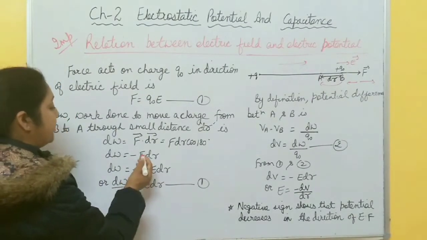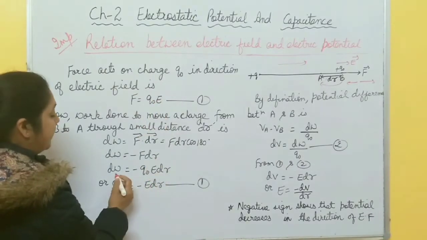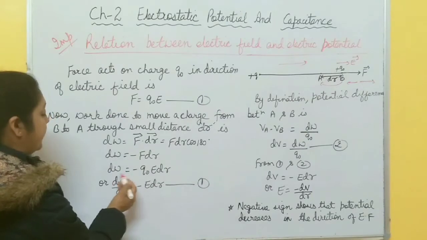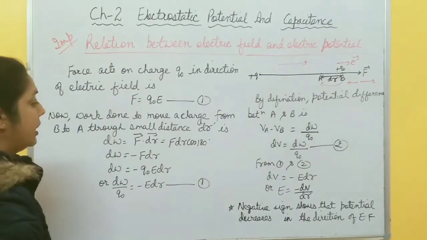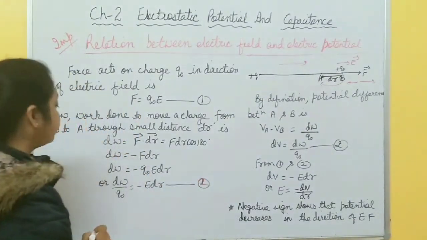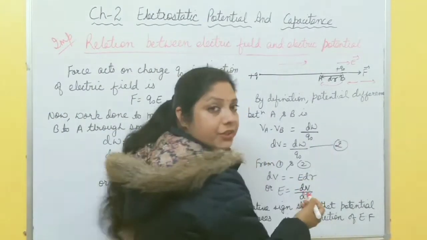From this equation, you put the value of F from equation number 1, Q naught E, and it becomes dW equal to minus Q naught E dr. From here, you get dW by Q naught equal to minus E dr. This is equation number 2, right? Now, by definition, what is potential difference?